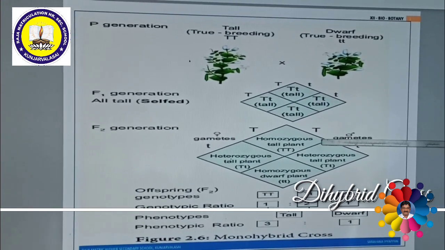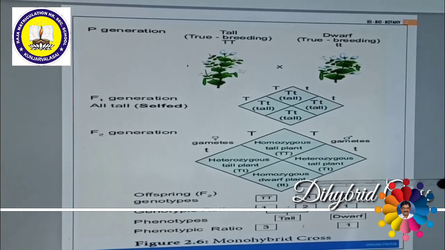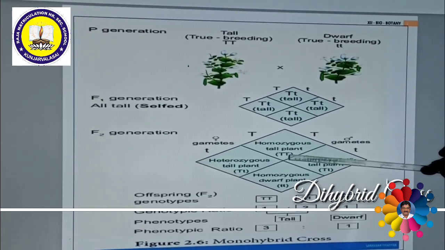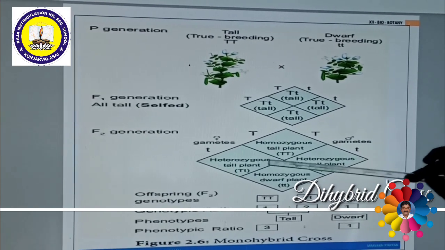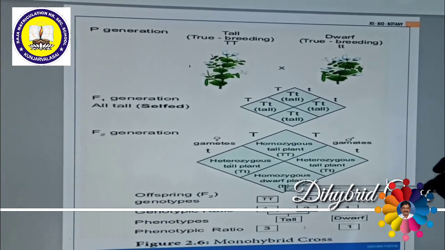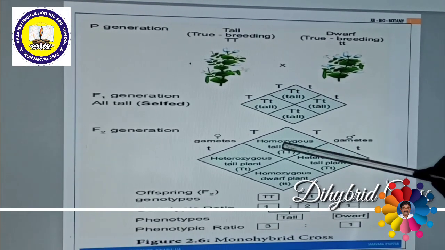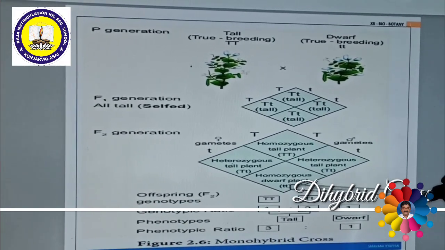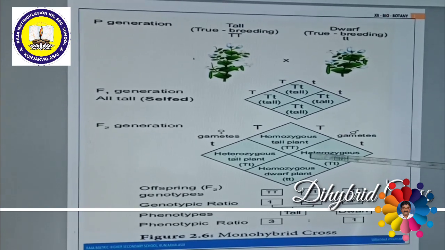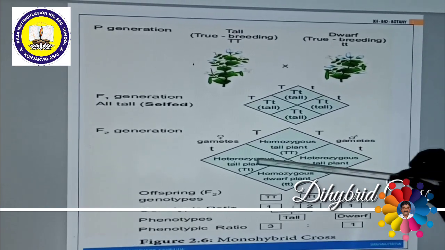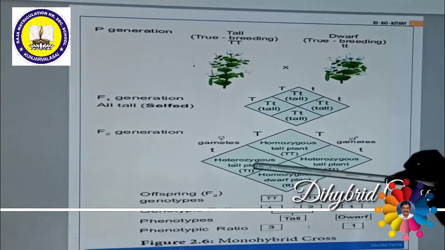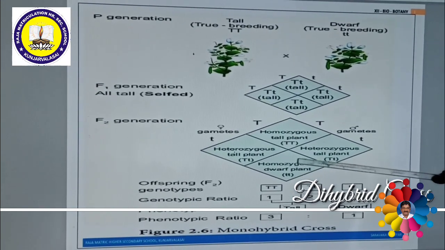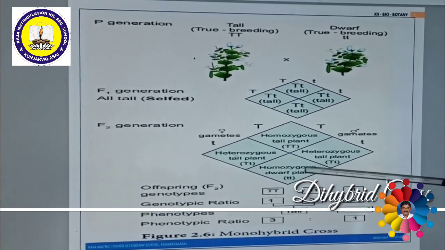But if you see the genotypic ratio, that means the genetic alleles: homozygous 1, heterozygous 2 and homozygous 1. So the phenotypic ratio is 3:1, tall to dwarf, the morphological characteristic which is shown.